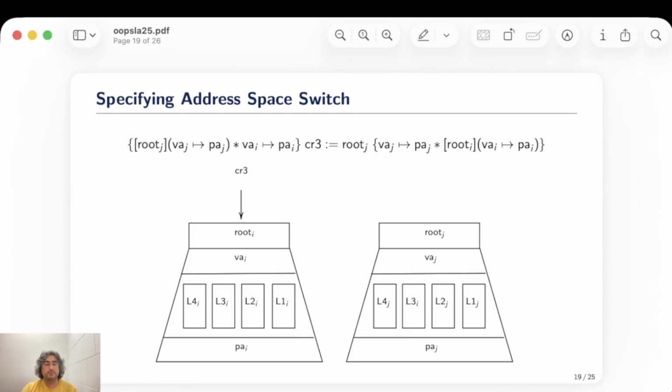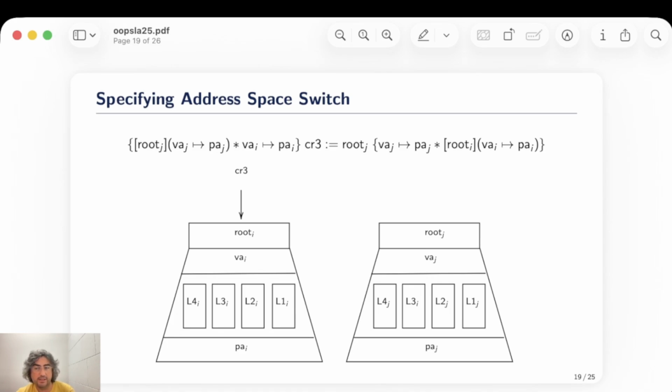So let's pull things together in an address space switch example. Here we see two address spaces with the root addresses root I and root J, with virtual address mappings for the addresses VAI and VAJ respectively.